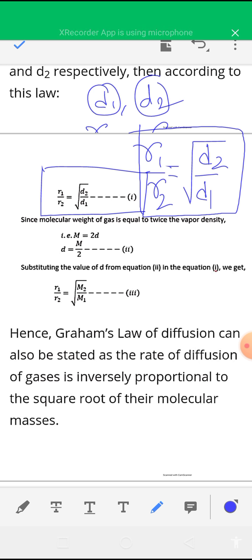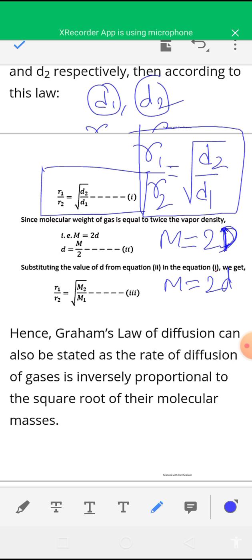density is directly proportional to molecular weight. The exact relation between density, vapor density and molecular weight: we know that M is equal to 2D, where capital D is the vapor density of the gas.